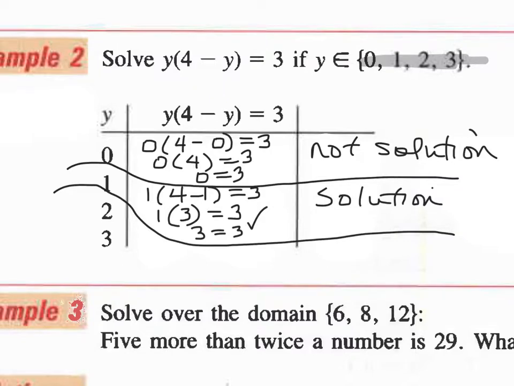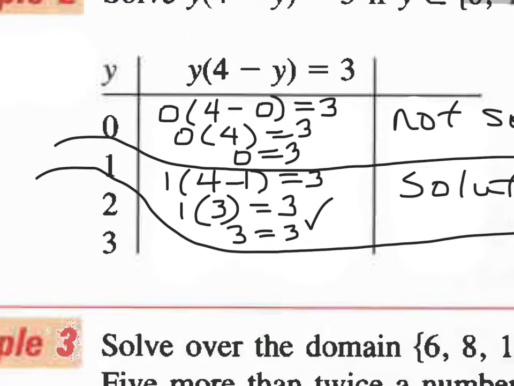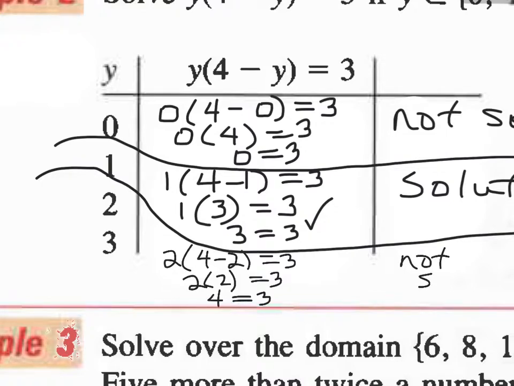And then just to demonstrate that the 2 and the 3 are probably not going to work, but let's go ahead and try them. So then 2, 4 minus 2, 2 times 2, 4 is not equal to 3, so that one's not a solution.